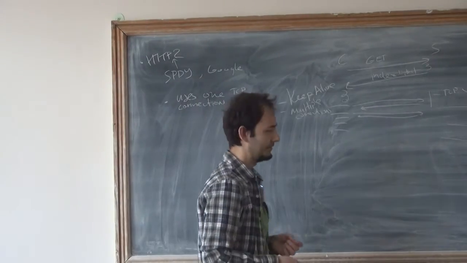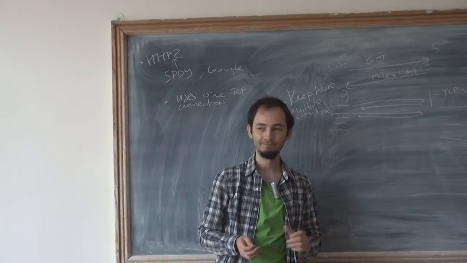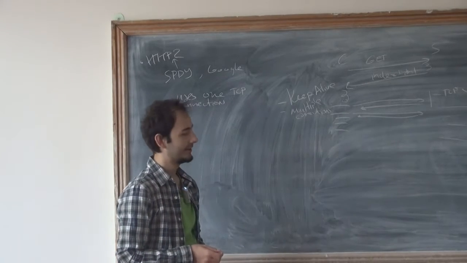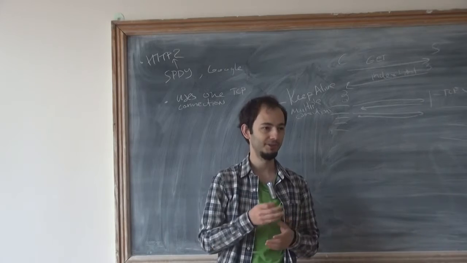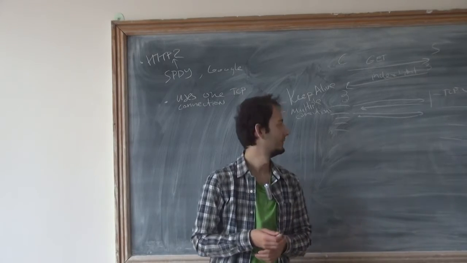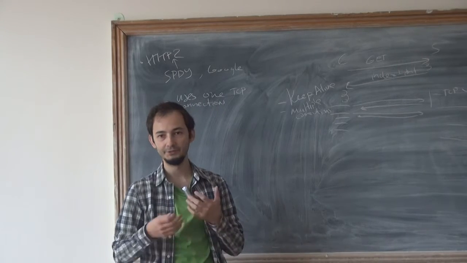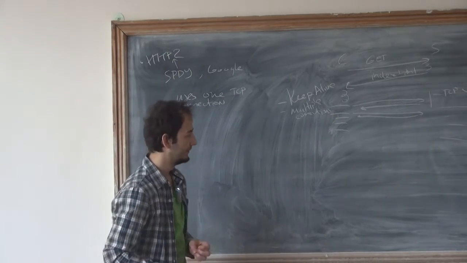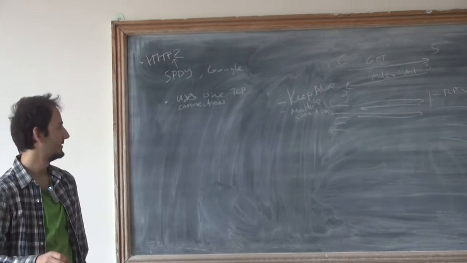And to the end user, this looks like, wow, this page is loaded really, really fast. So there are some tricks that HTTP 1.1 and 1.2 servers can employ, and clients, of course. There are a few tricks they can employ to make the user experience better. But still, it can be made even better than that.